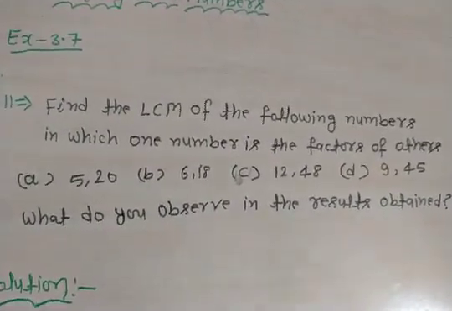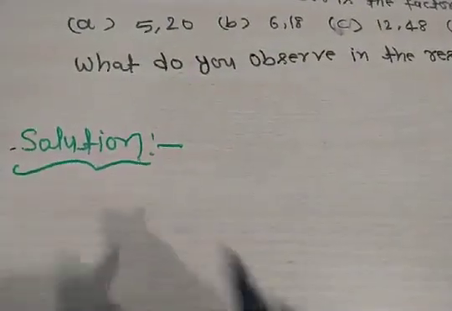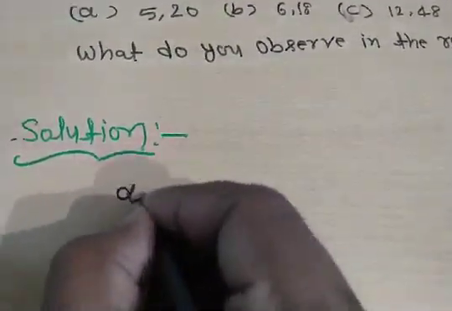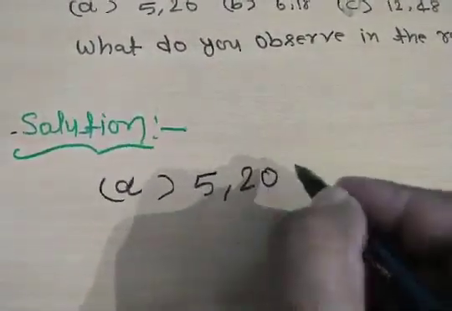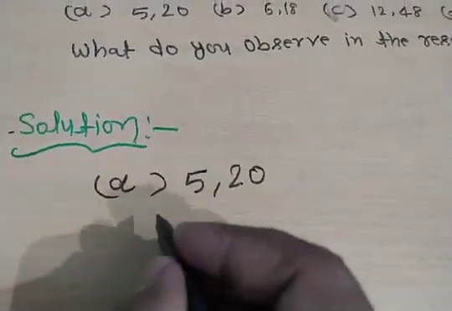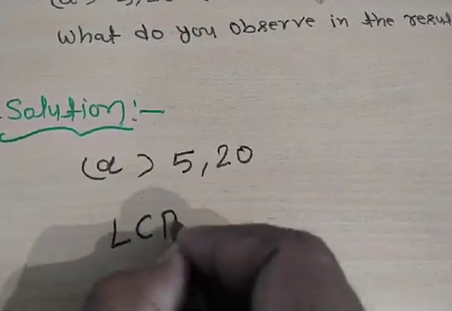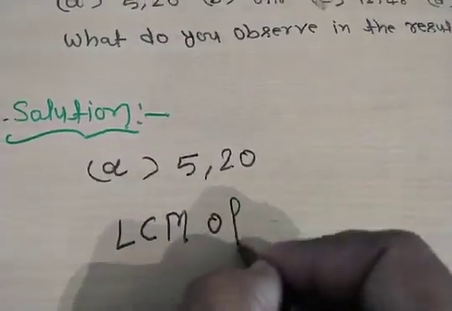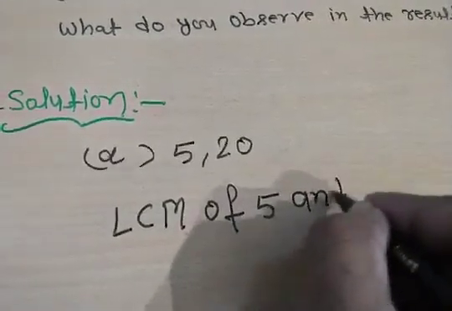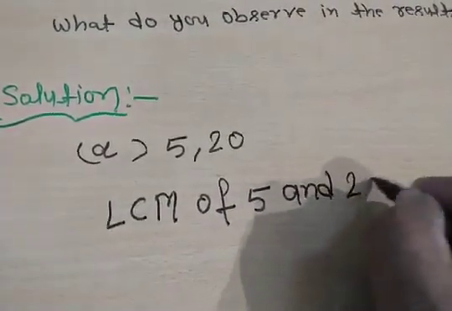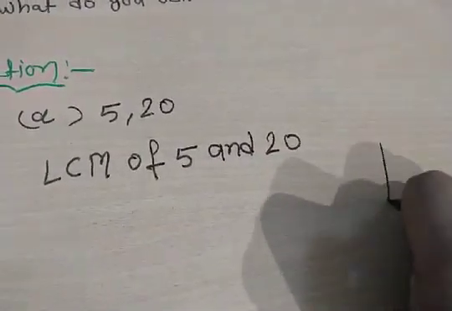Here, A part is 5, 20. We find the LCM of 5 and 20 by the division method.